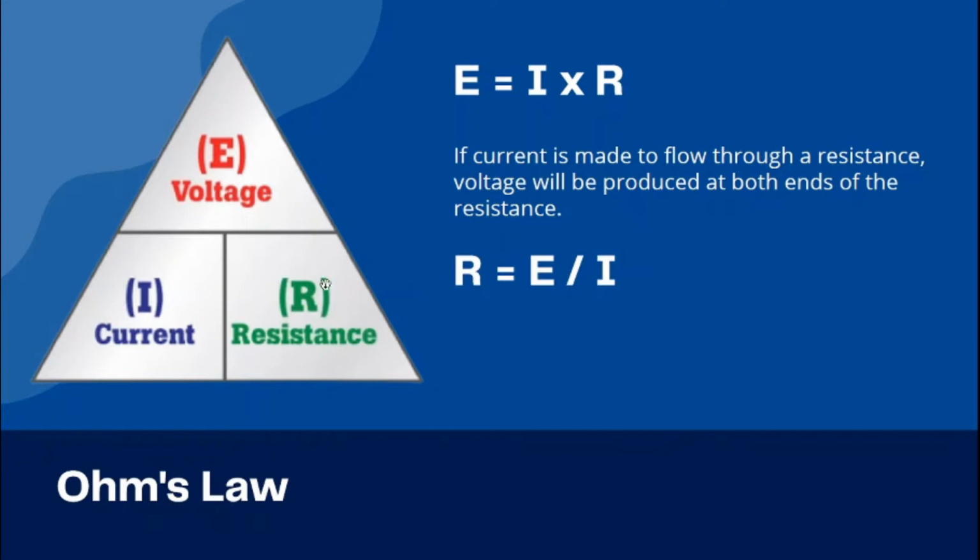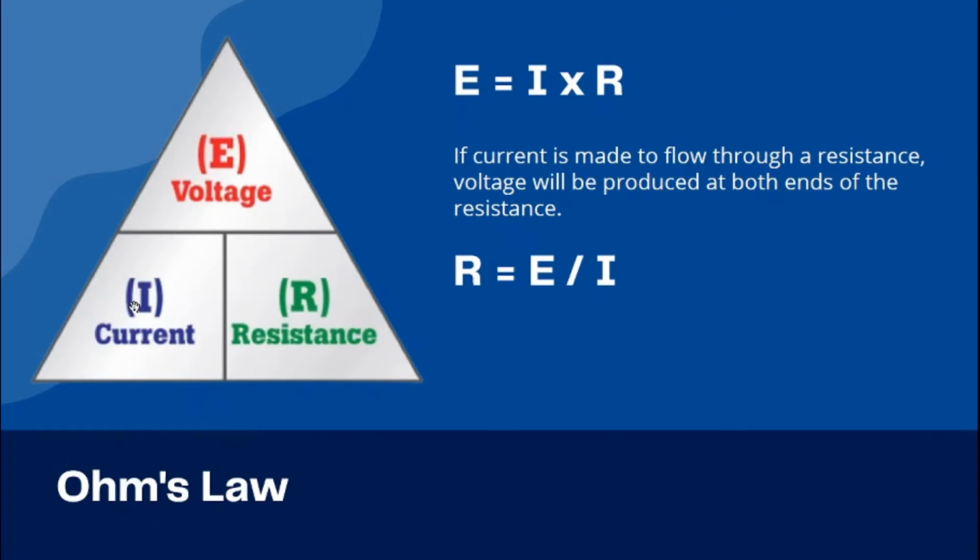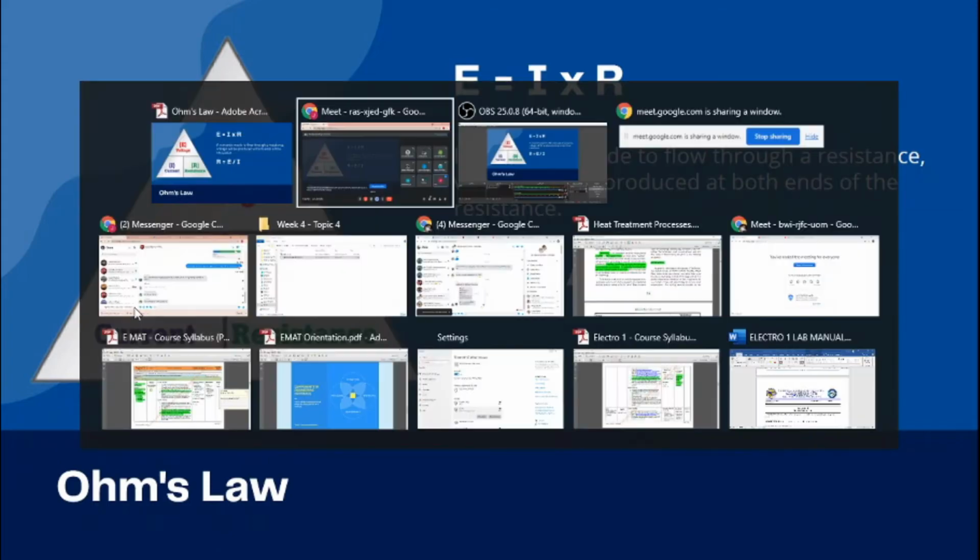And then kung sulbon po nato ang resistance, tabunan lang nato ni voltage divided by the current. Nasundan class? Okay lang? Yes, sir. That is the way. Mao ni siya ang shortcut or mao ni siya ang mas dali nga way para ma-solve nato ang mga electrical terms associated with the Ohm's law. Okay? Pwedeng solve na to ang current, pwedeng solve na to ang voltage, pwedeng solve na to ang resistance.